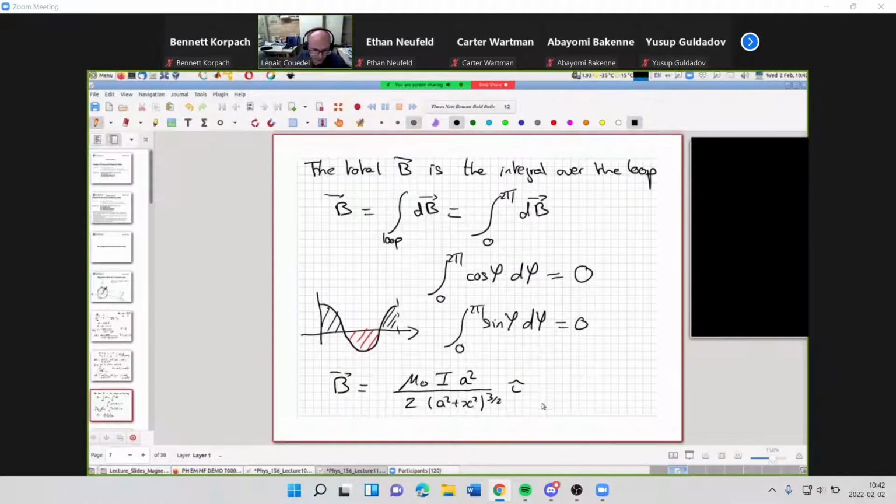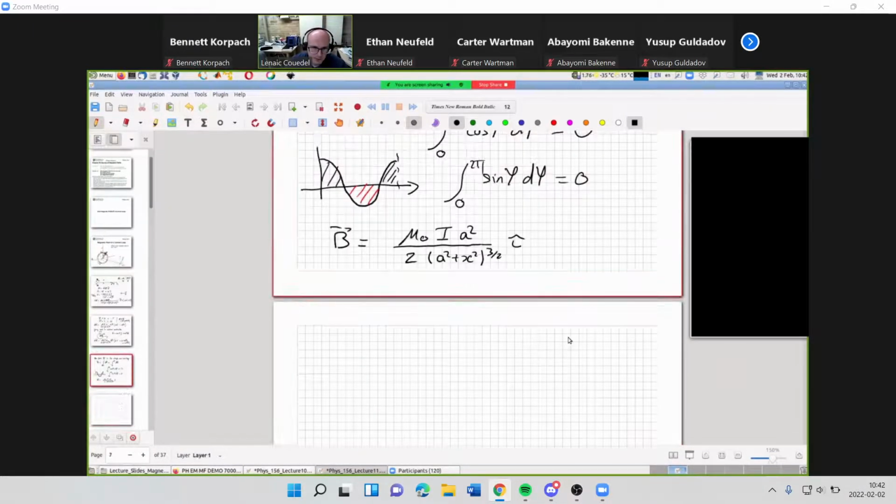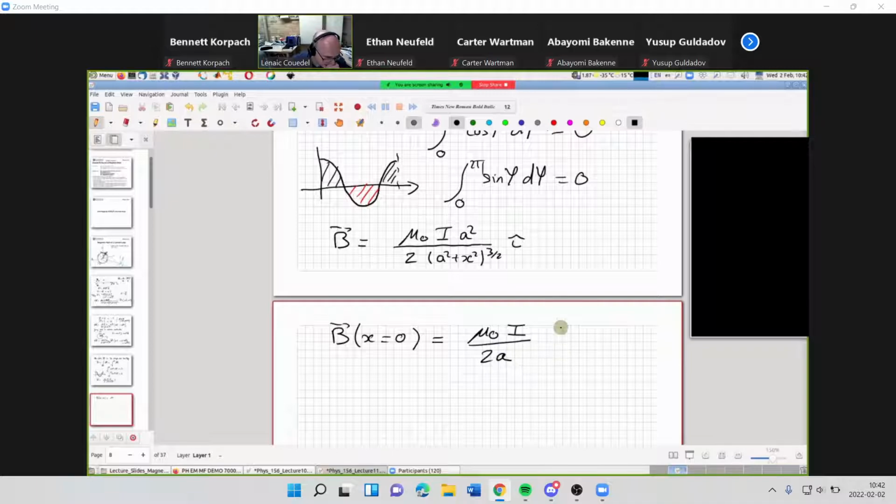And there's a special case, which is B of x equals 0, which is equal to mu 0 I over 2a along i hat. Does that make sense for everyone?